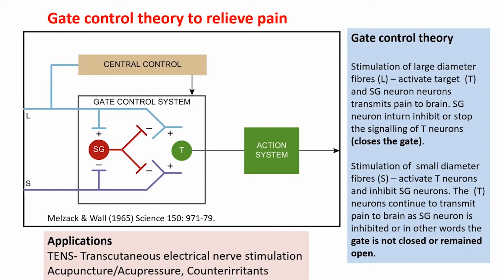The opening of the gate is in command with the small diameter fibers. That means the gate is not closed. Opening means the gate is not closed. Whereas the large diameter fibers, A beta fibers, would close the gate, so that the onward transmission of the painful or nociceptive information to the higher centers is prevented.